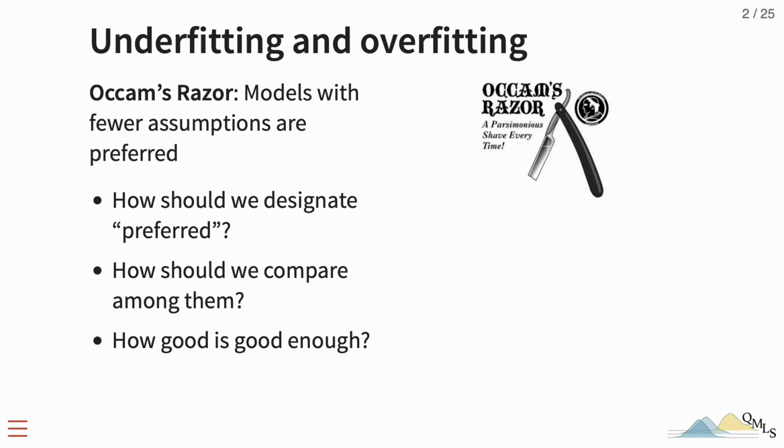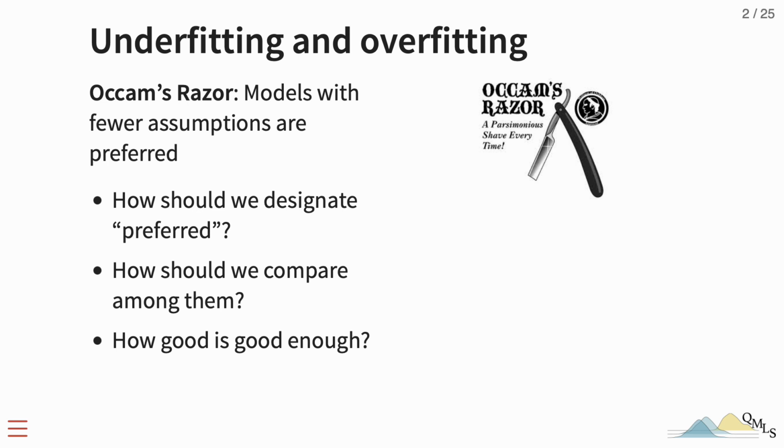And so the challenge that we're facing is one of underfitting versus overfitting. What this means is, do we have too many predictors or not enough predictors? Ultimately, we're going to take the stance that fewer assumptions, meaning fewer predictors, are preferred, so we want a model that's good enough but not too good.